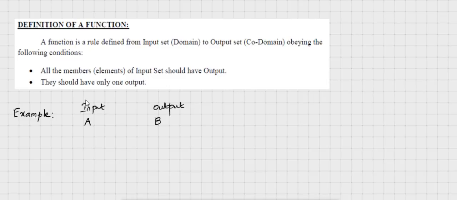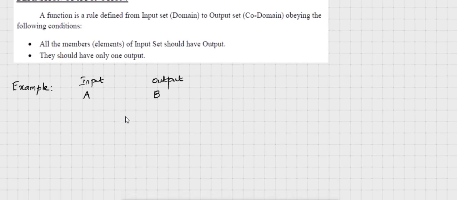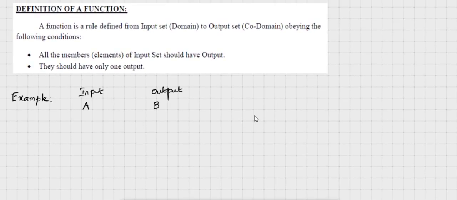When we say this is a function, the input set can contain many elements. For example, here I am taking just 6 elements: 1, 2, 3, 4, 5 and 6. The output set also contains many elements.